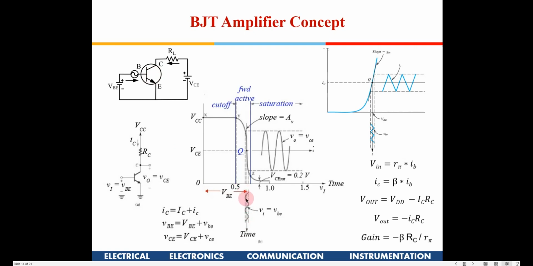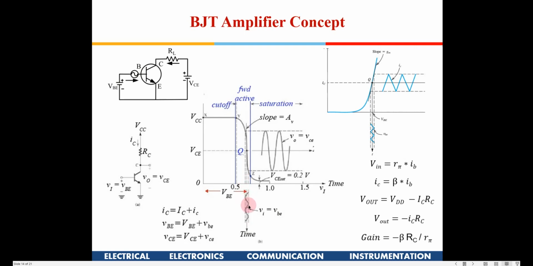Because if you don't give this VBE, the small change of voltage will not even switch on this transistor. So there is a requirement to give some bias voltage so that this transistor is switched on, and it will remain switched on for the positive and negative excursions here, because this is in a few millivolts. So I am biasing it at say 0.75 or 0.8 volt.